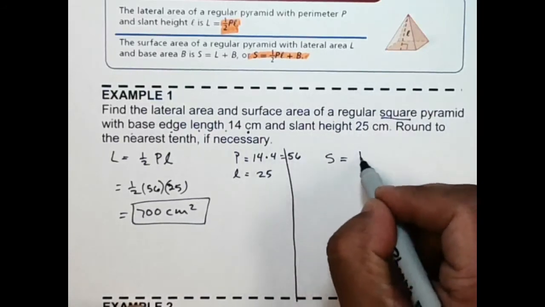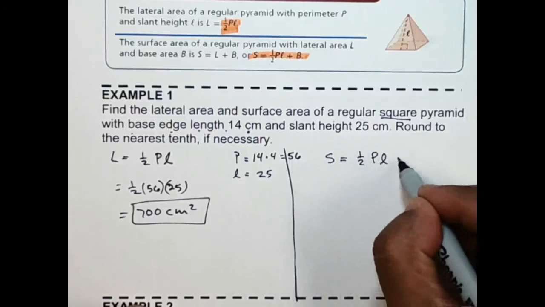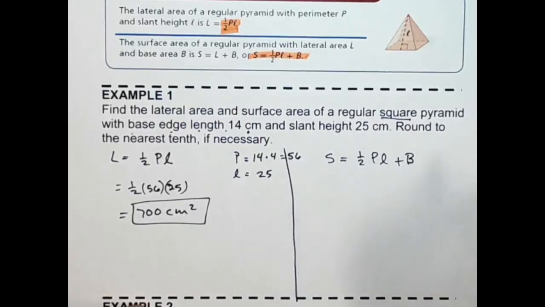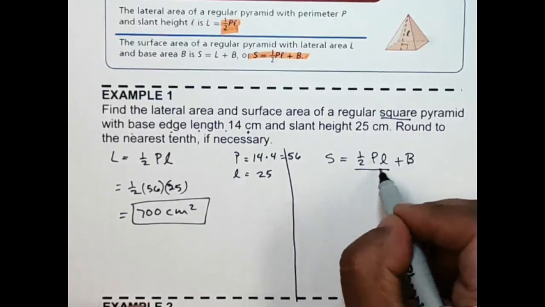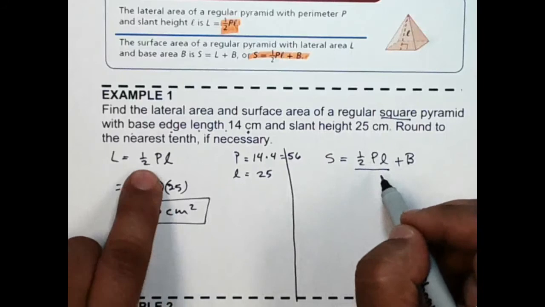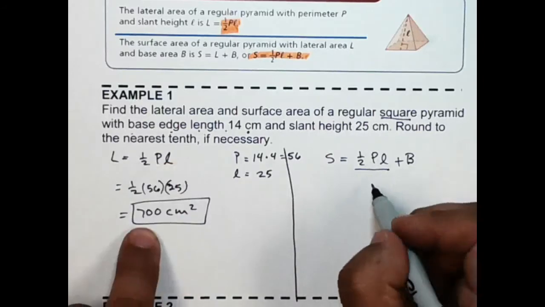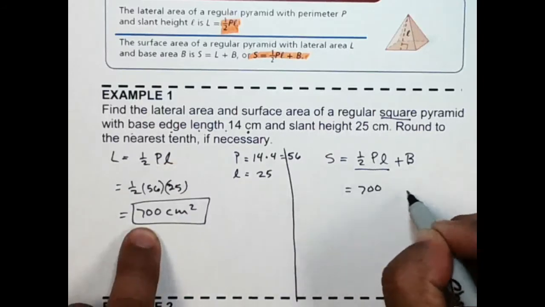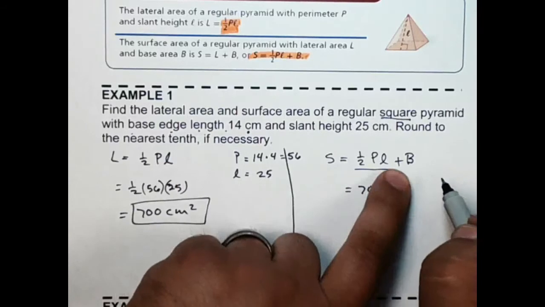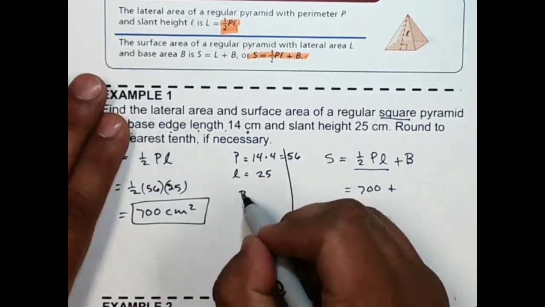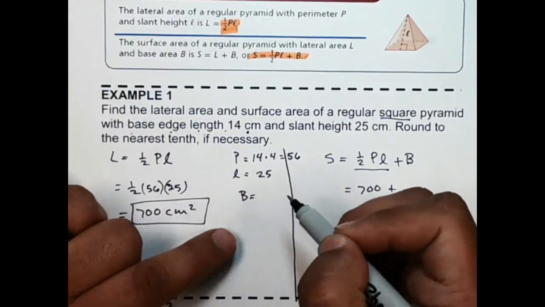the total surface area, which is 1/2 PL plus B. Again, notice right here, this 1/2 PL is the lateral surface area. Since we already found that, all you have to do is substitute that in. But we do need to find the B. So B is the area of the base.